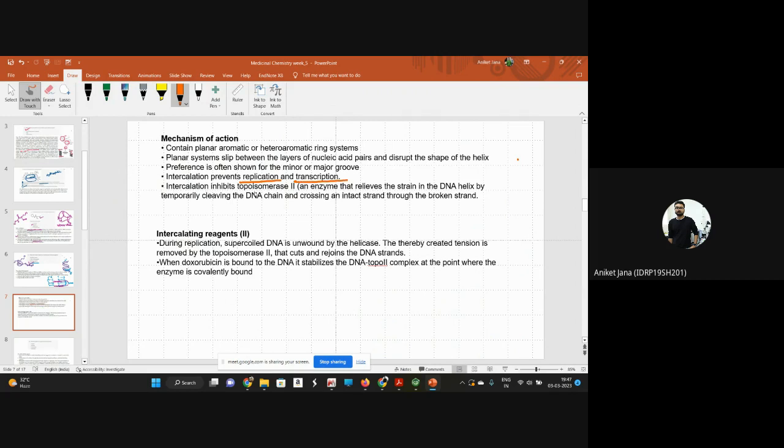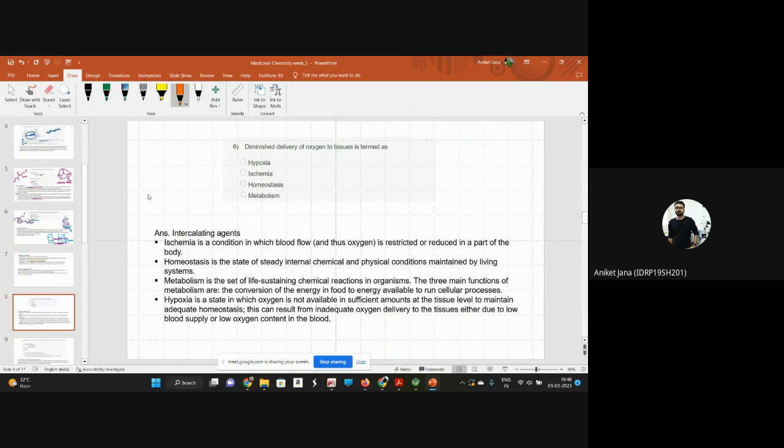So intercalation inhibits topoisomerase 2, an enzyme that relieves the strain of the DNA helix by temporarily cleaving the DNA chain and crossing an intact strand through the broken strand. So, for intercalating agents too, here is some animation. You can go through this. I think this will help you in understanding the intercalating agent mechanism.